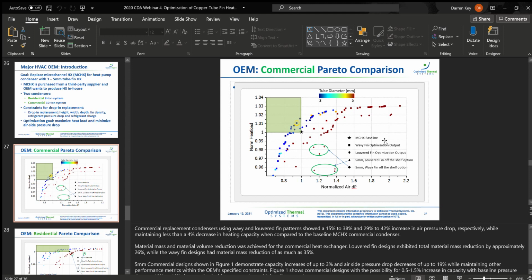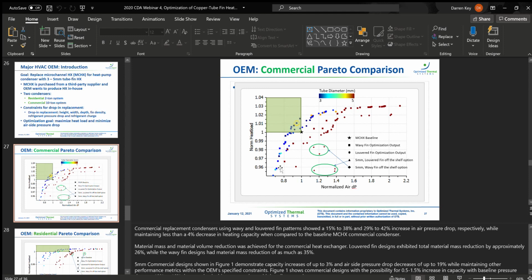The second phase of this study was to come up with an optimized but still manufacturable fin design. So input all of the parameters required for a manufacturable fin, let the software do its thing, and that's all these other squares and, I guess, those are ovals, squares and ovals.